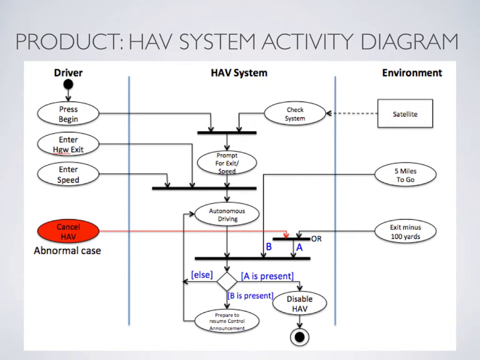And this particular red node here is kind of an abnormal case in which the driver decides to cancel the system while it's in function. Okay, so I'm not going to go into detail, but it shows you, from the point where the driver starts the system, the system will check if it is ready.